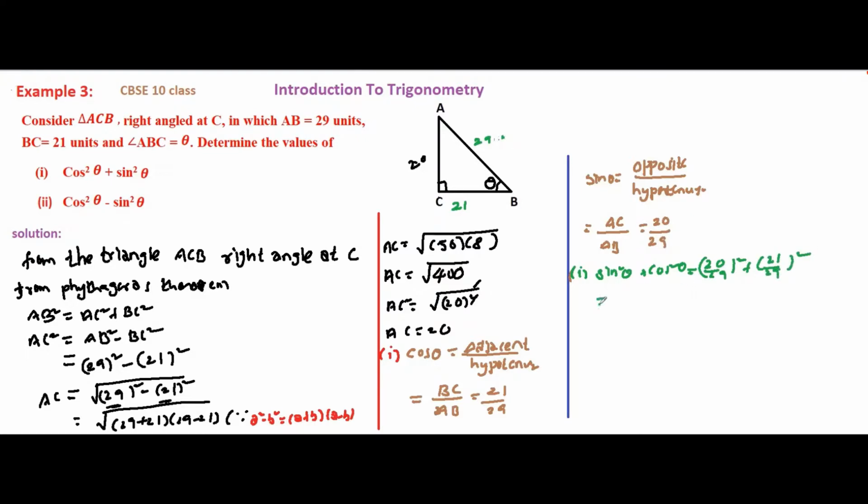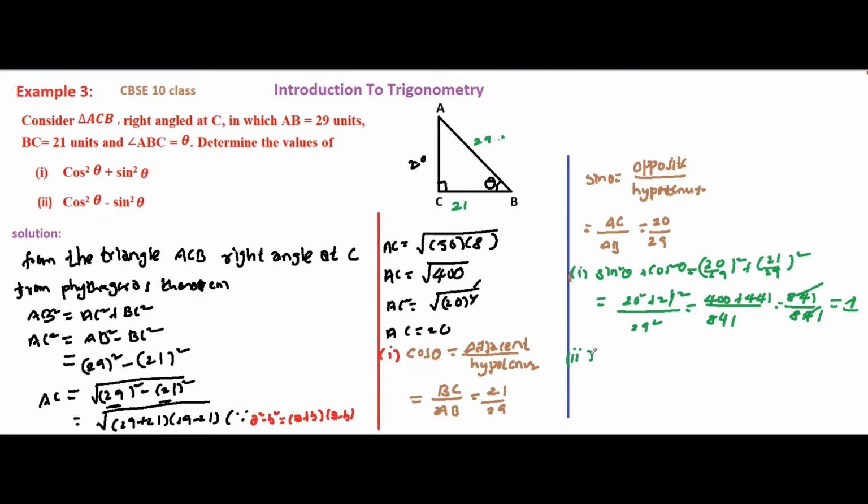That equals 20 square plus 21 square by 29 square, as the denominator is the same. 20 square is 400 plus 21 square is 441, by 29 square which is 841. Total 841 by 841, both cancel, and 1 remains.